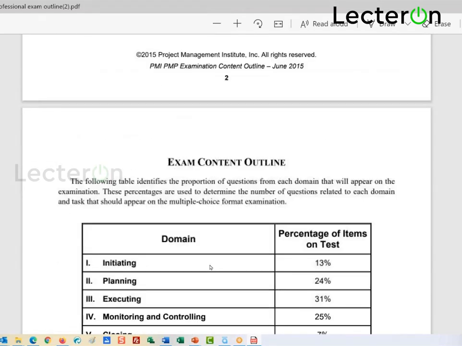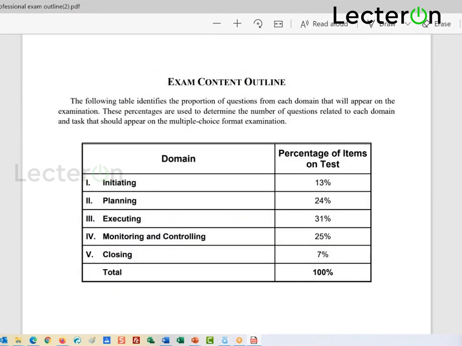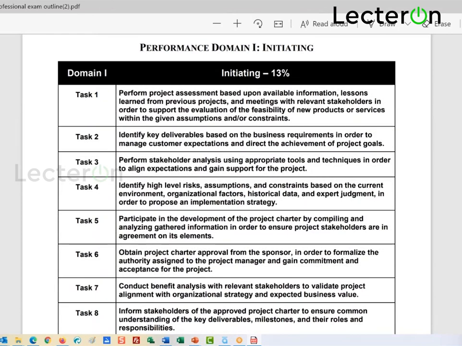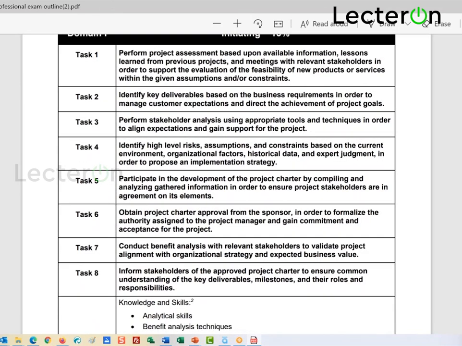Okay, initiating, first of all, is 13% of the exam. Not very much. Closing's a little bit less, but 13. Most of your exam is going to cover the processes in the middle here.